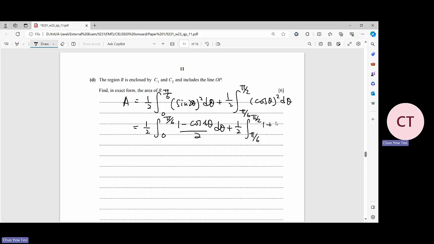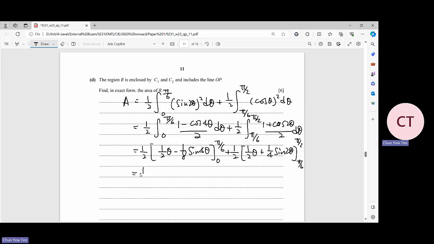This one will be 1 plus cos 2 theta over 2 d theta. So now, integrating one by one: theta minus 1 over 8 sine 4 theta from 0 to pi over 6, and a half theta plus 1 over 4 sine 2 theta from pi over 6 to pi over 2. Okay, so this is what you are having.